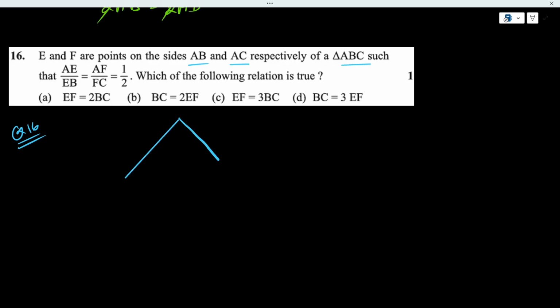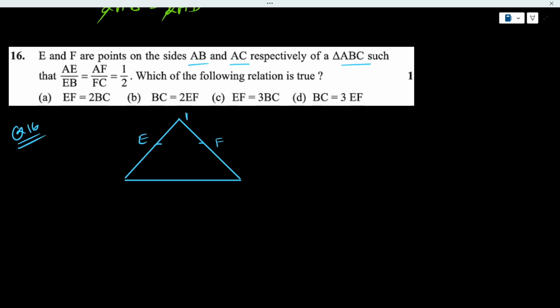If I draw triangle ABC, right? Here E and F are the points, correct? Which divide AB and AC so that AE to EB is in the ratio 1 to 2. So let us take two points here, E and F, correct?